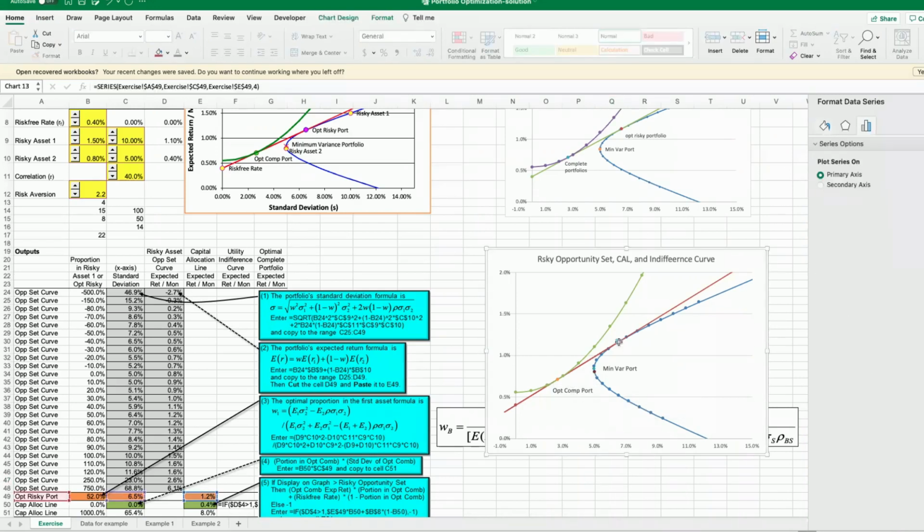And finally, this should be the optimal risky portfolio here.